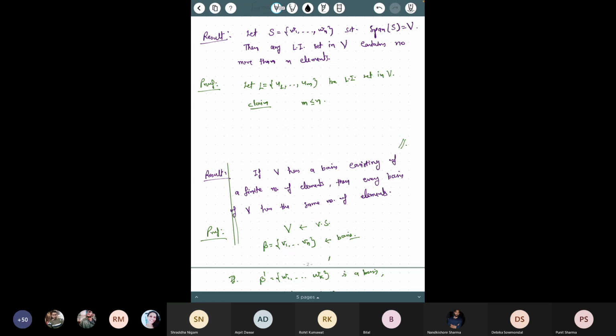If all of them are Li, then there won't exist such non-zero alphas, right? यस सर, बट सर यहाँ पे स्पैन दिया है तो सर वो मैंडेटरी नहीं है कि वो LI होगा. Right, right. So then you have to consider this also. Whatever you say, you have to say for both the cases, right?